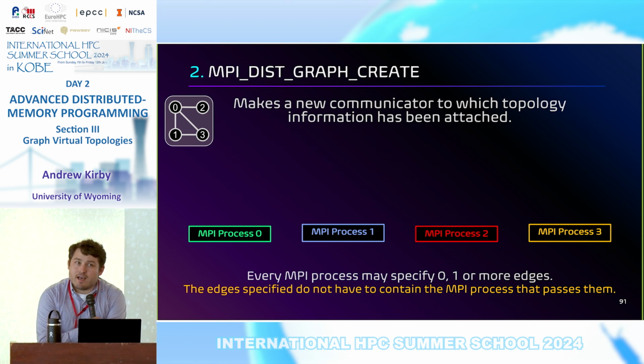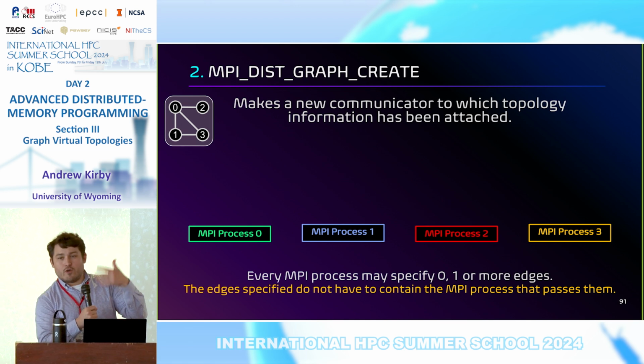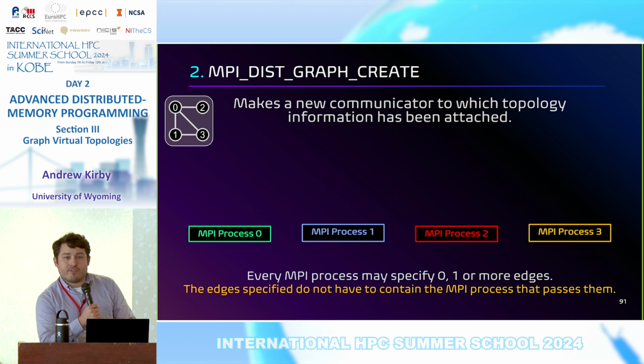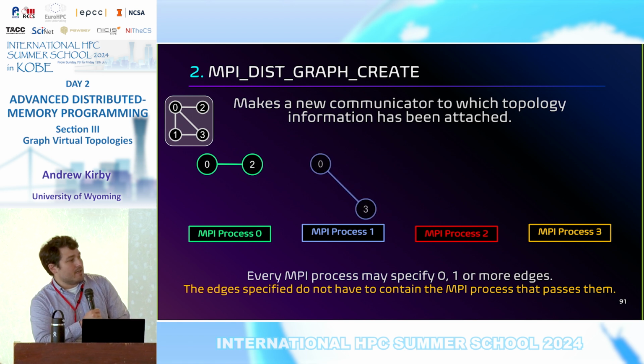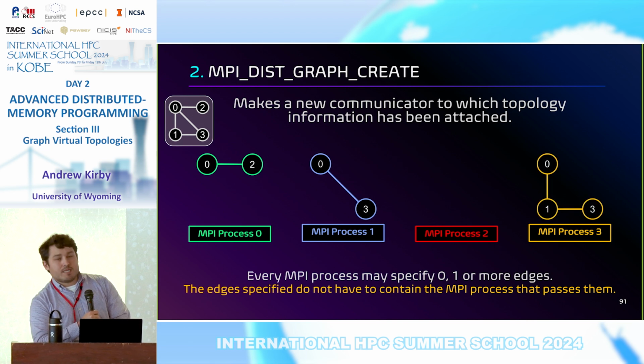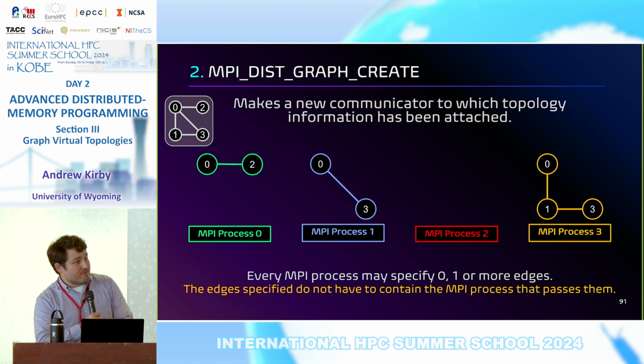That way, when we assemble under the hood through MPI, it'll know the entire structure, but we're only storing a part. So on the first one, we could store 0 and 2, that link. On process 2, we could store the 0, 3. And then we skipped over process 2, and there's nothing there, but it's fine. There could be stuff there. And then finally, 3 can have multiple connections to complete the graph.